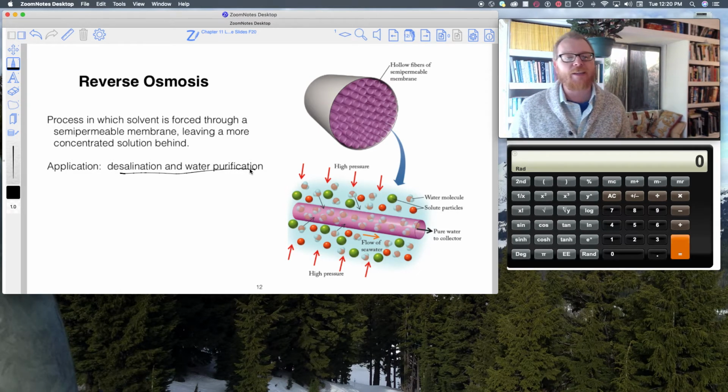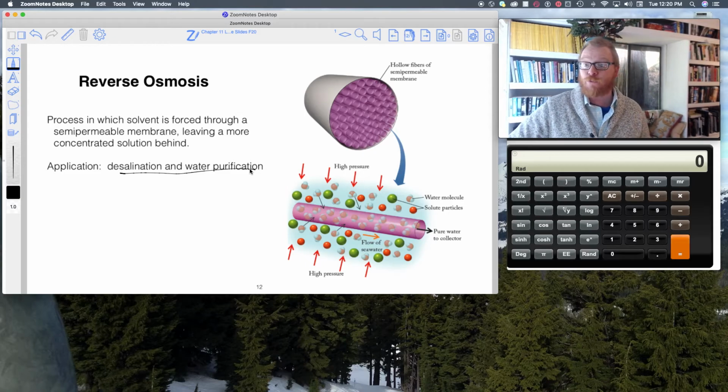The reason I bring that up is because as we move forward in the 21st century with climate change, we're going to have to figure out how to do this on a much bigger scale, especially in Southern California. And for those of you that live in San Diego, you may be aware that there's quite a large reverse osmosis water desalination plant there already.